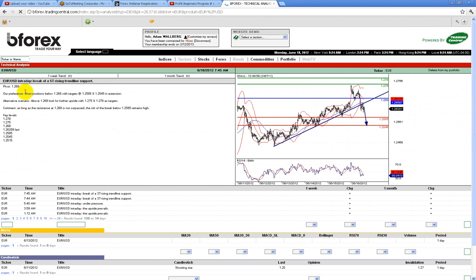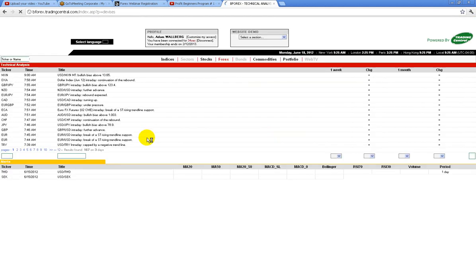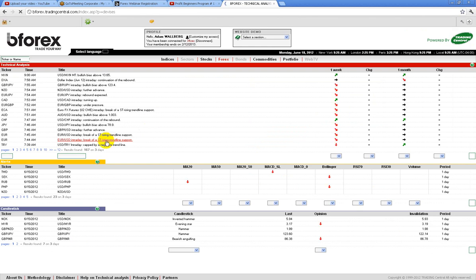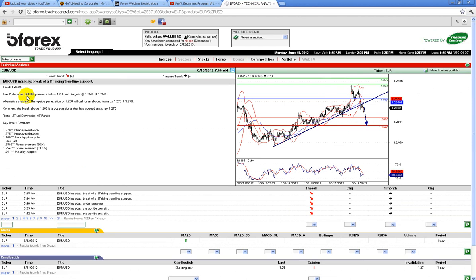We see that here it's a short position. Let's see the one which was right before. Short position. Today wasn't a long position, it was more of a short position.